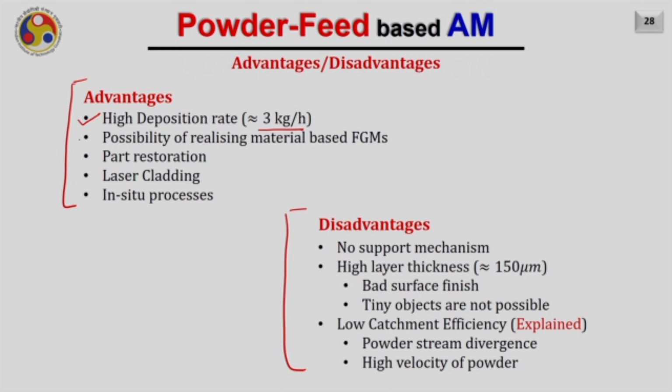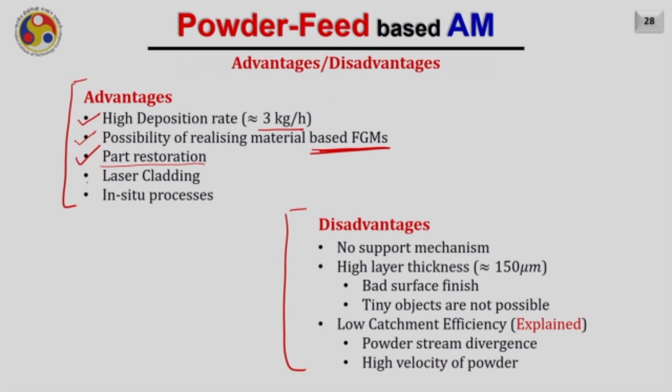Also, its possibility of realizing the material based FGMs, where you have seen multiple nozzles can deposit different materials, and based on the appropriate composition and based on the appropriate mass flow rate, the desired composition can be obtained. Part restoration is one of the very unique capabilities of these powder feed based additive manufacturing systems, where the damaged portion of the part can be recreated.